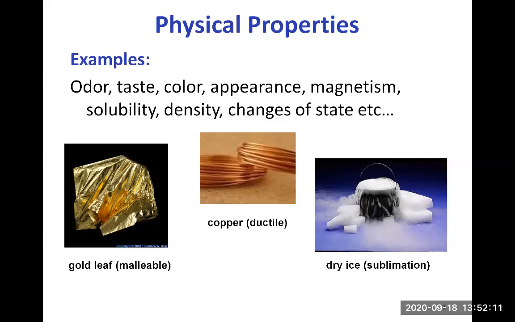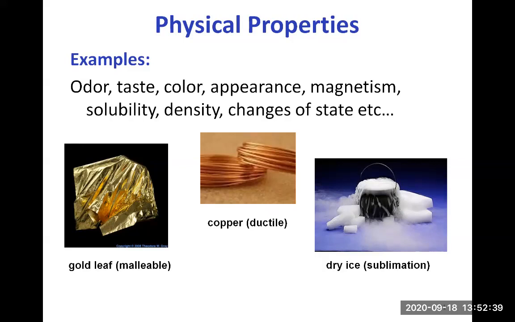Density, which is the property that describes the mass per unit of volume. The changes of state, so for example, boiling point, melting point. Dry ice here is subliming. So that's a physical property, the sublimation.